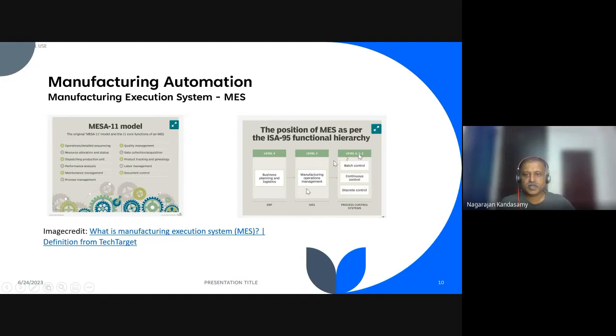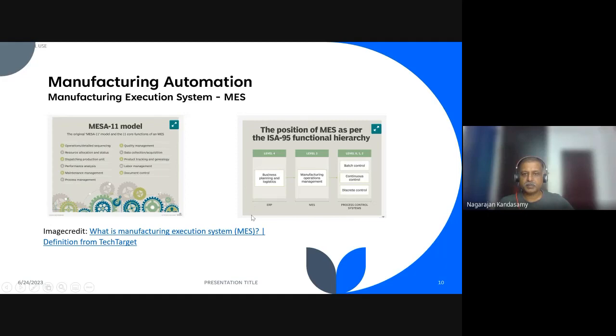Then you have the next higher level. As the number goes up, it's a higher level. Manufacturing operations management, which is nothing but the MES system. Then you have the corporate layer, business planning and logistics. This is where the ERP systems are, your IT systems, which would be used by CEOs or other corporate level people, or even the sourcing team and the finance team.